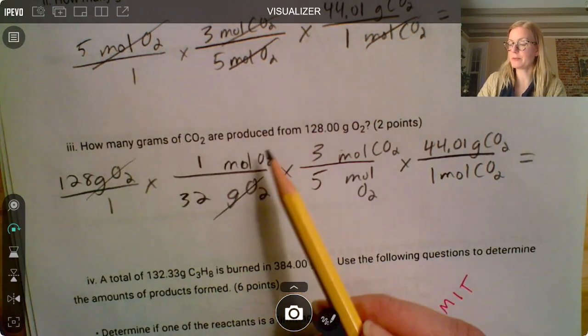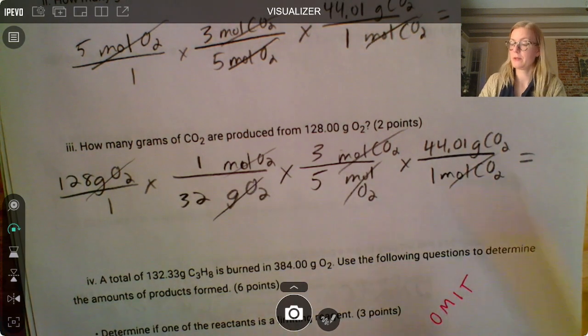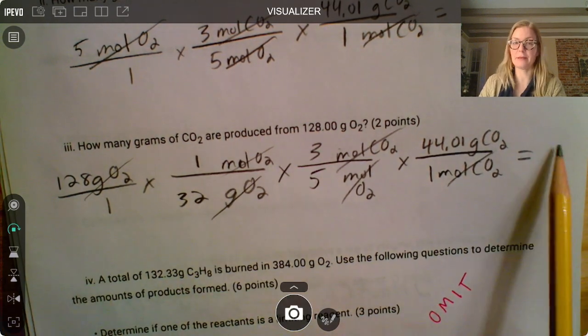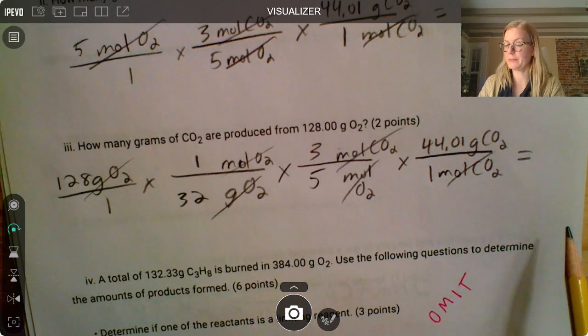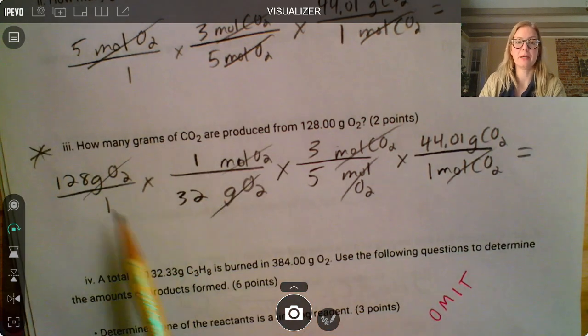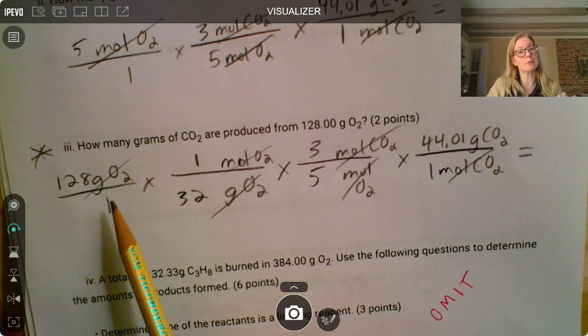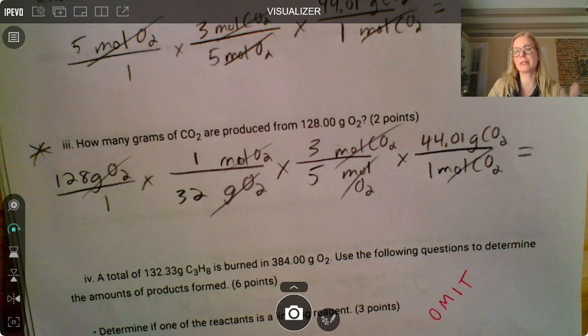So cancel grams of O2, moles of O2, moles of O2, moles of CO2, moles of CO2. So multiply all the way across the top, multiply all the way across the bottom, and do top divided by bottom, okay? So this type is really useful in the lab because it tells you how many grams you need to start with and how many grams you're going to get in the end, which we can weigh out on a digital balance.